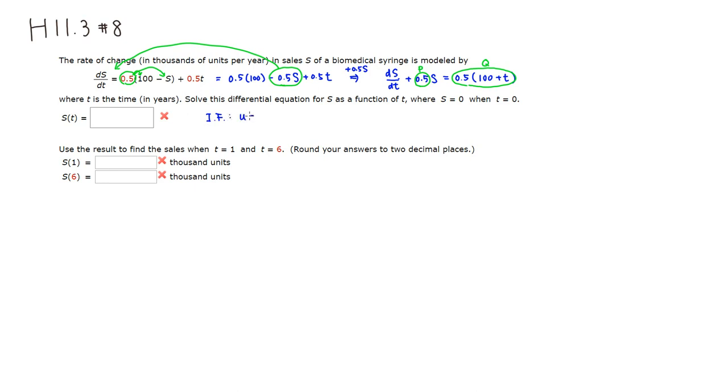So u is equal to e to the integral of p, which is 0.5 dt.